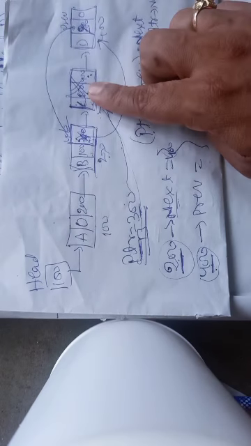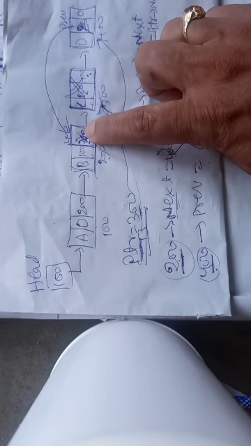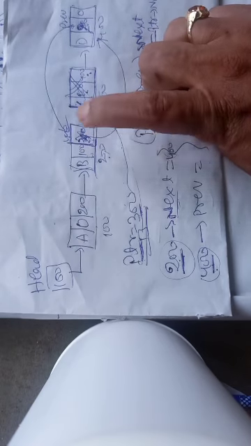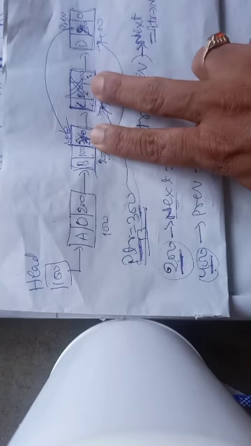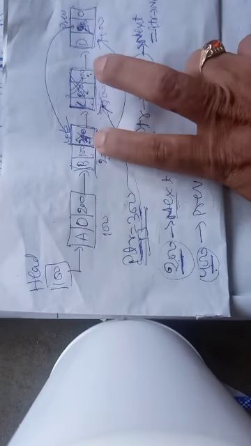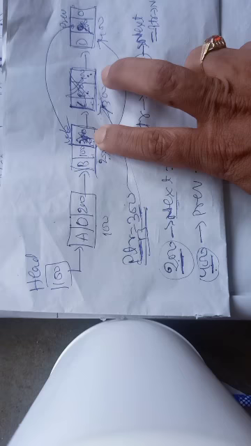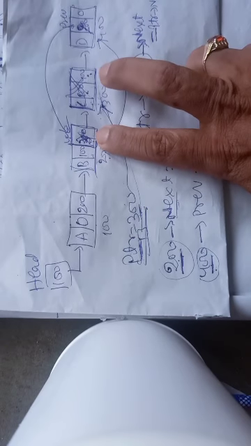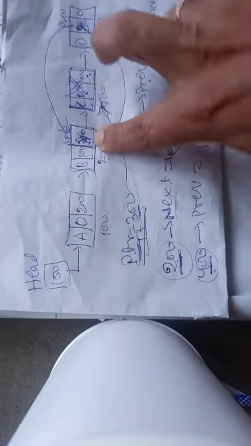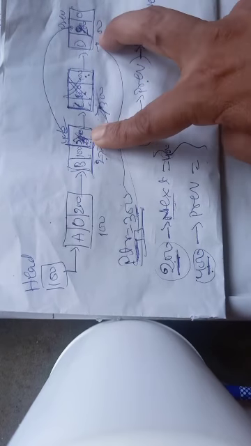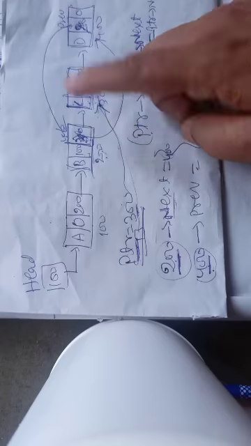If this is ptr, I need to modify this field. It is called the next field of previous of ptr. This is previous of ptr, and its next field should contain the address of next of ptr.